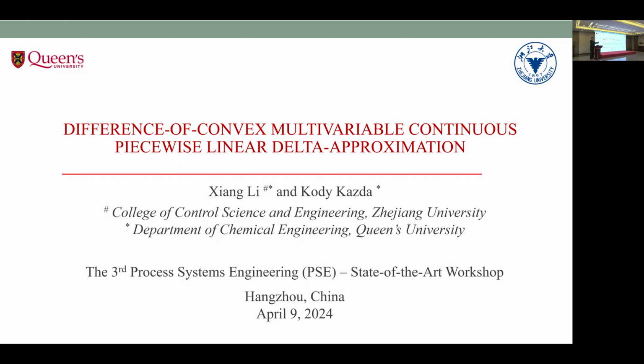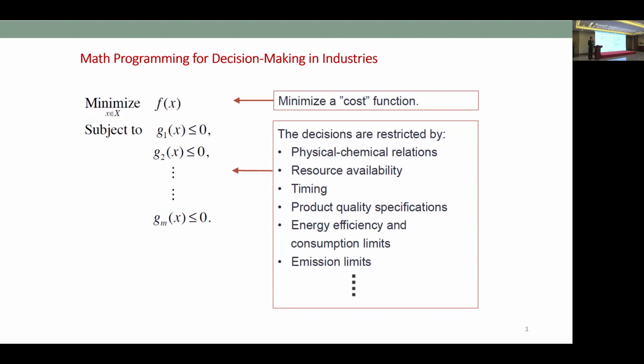Let me start with the problem, the motivation of this research. So in this workshop, we have seen a lot of model-based methods, and most of the methods require that we solve a difficult optimization problem, and usually the problem includes complicated physical-chemical relationships that makes the problem non-convex.